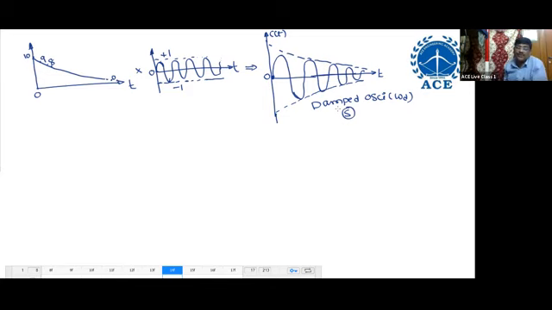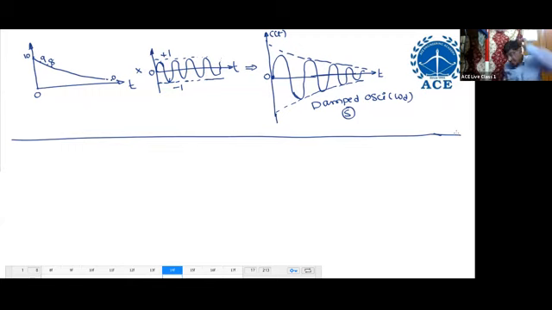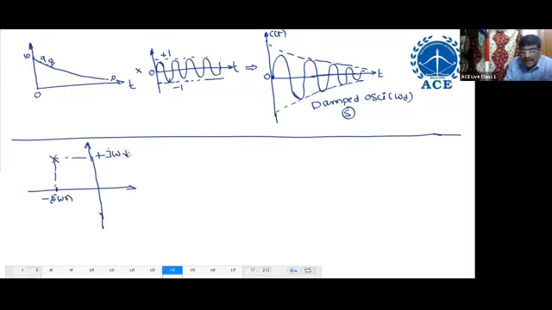This is by the procedure, but the simple logic is this: whenever you get damped oscillations, what is the pole location? The real part is minus zeta omega n, and the imaginary part is plus j omega d and minus j omega d.